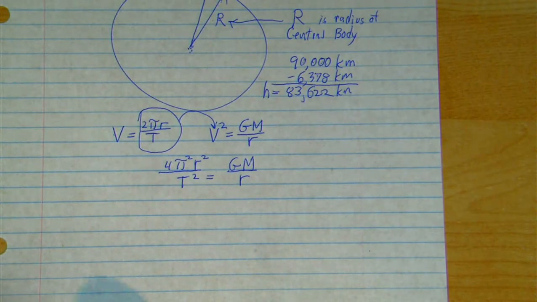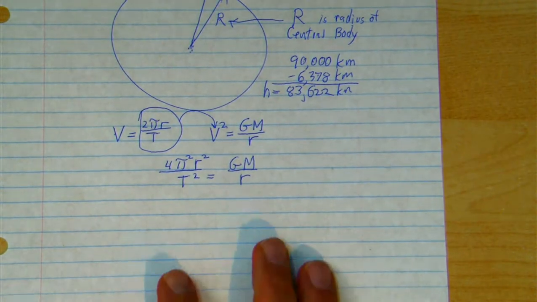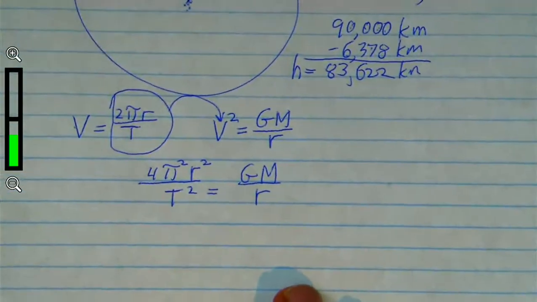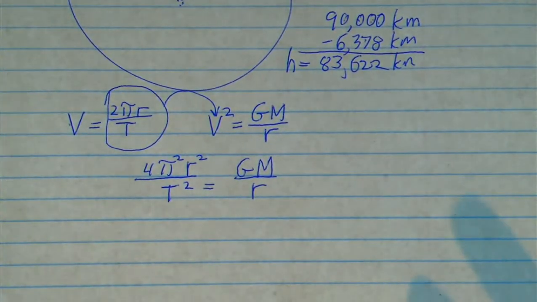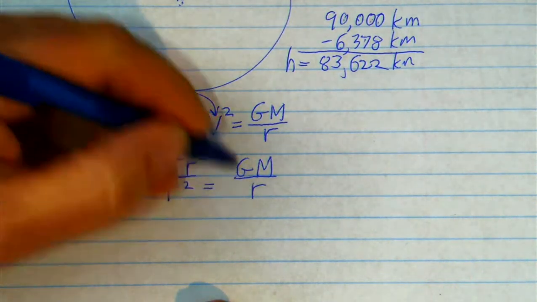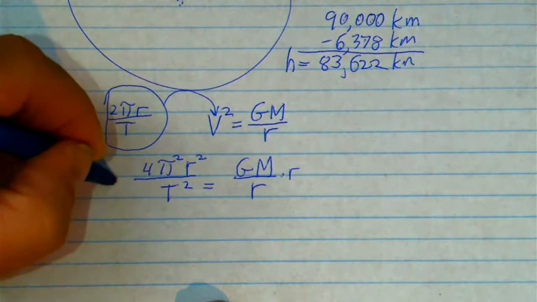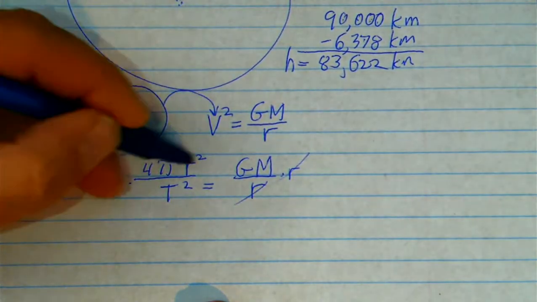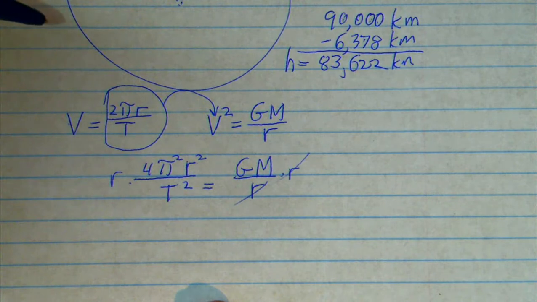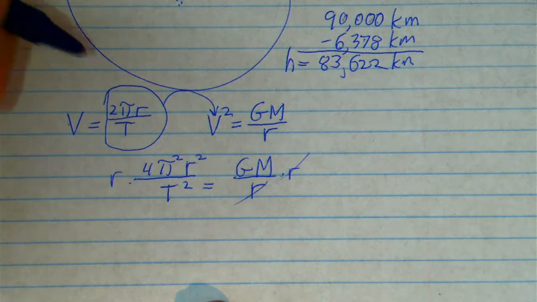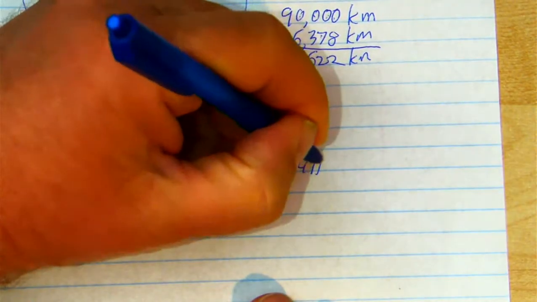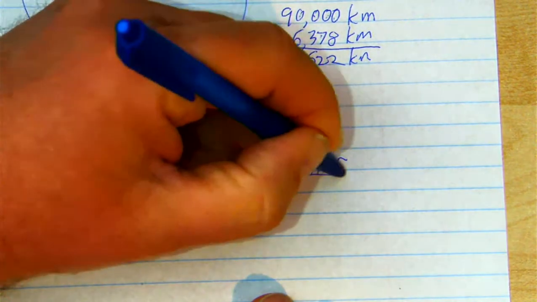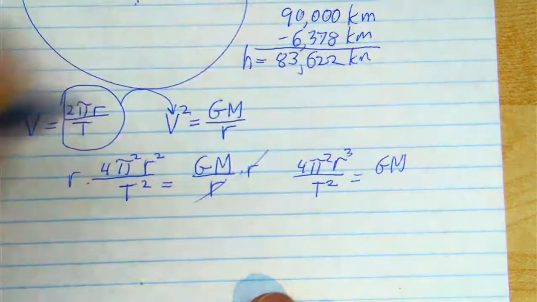Now, for reasons that are kind of humorous to me, my students tend to want to cancel the r's. They do not cancel. No. I can eliminate the one on the right by multiplying both sides by r. But that makes it r cubed on the left. Yes, 4 pi squared r cubed over t squared is equal to g times m.